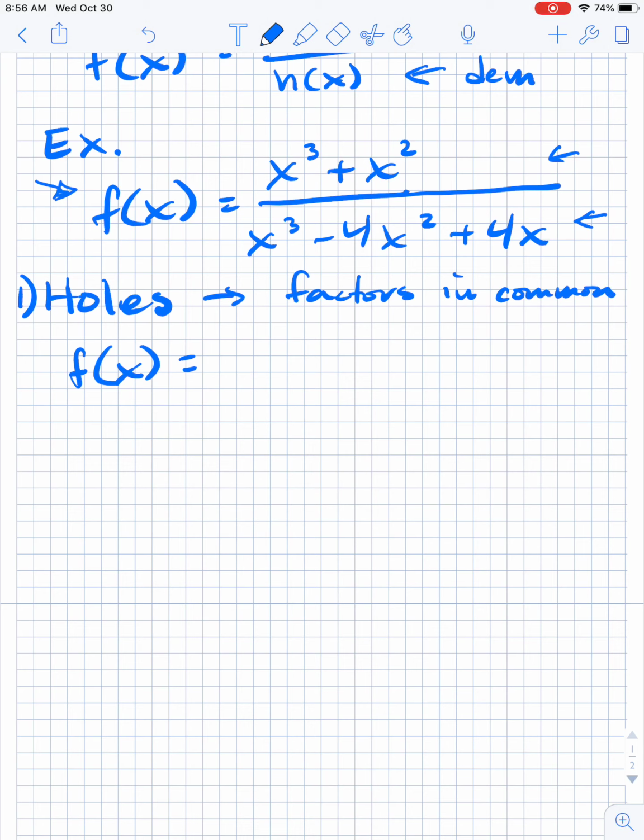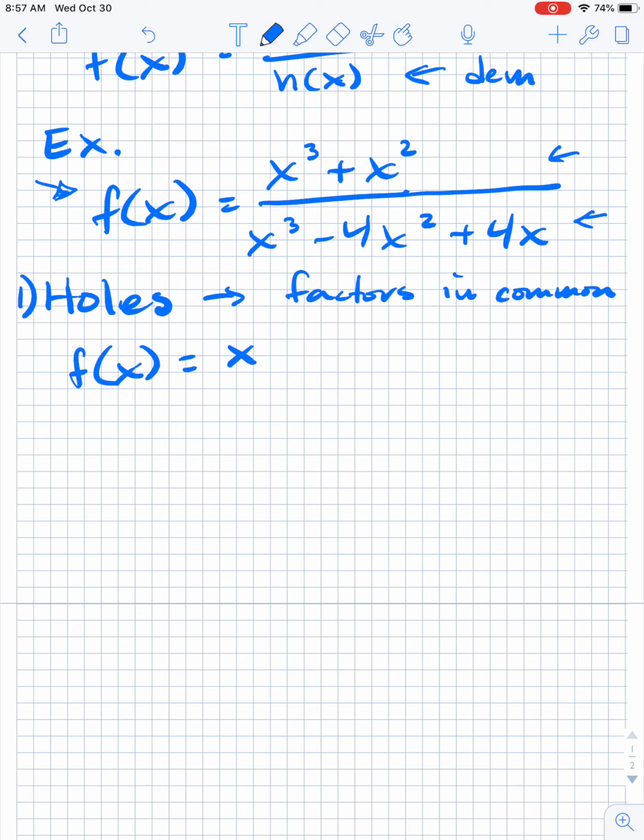Okay, so if the numerator and the denominator have factors in common, then it creates holes in the graph, where whatever number we get from that hole, it doesn't exist in the function. Okay, so we have to physically draw a hole in the line, indicating that that number or that coordinate doesn't exist in our function.